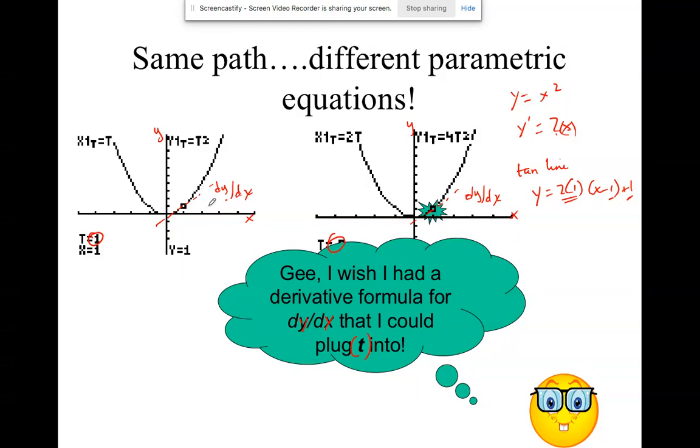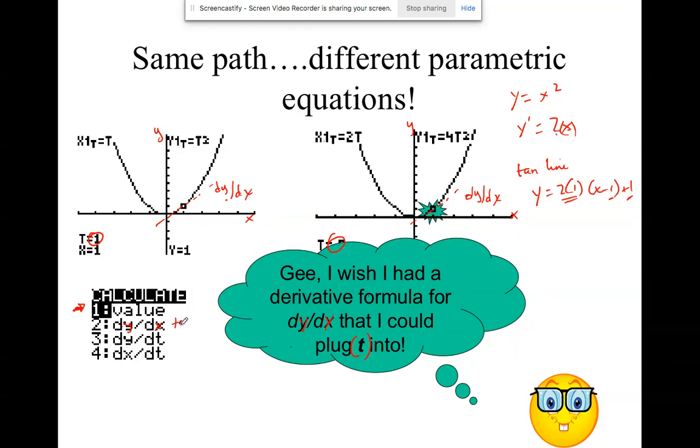But what if I want to know the time at which that slope occurred? Check out when you hit, instead of trace, that same menu where you hit trace, look what happens when you hit calculate. There's your trace value, but notice what you have here. dy dx, that's what you need.